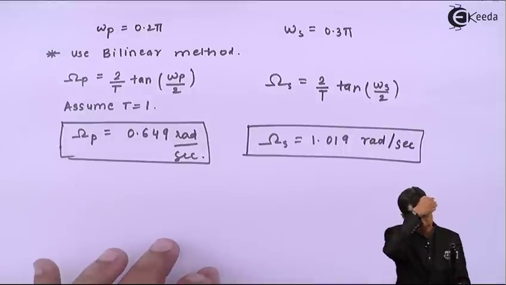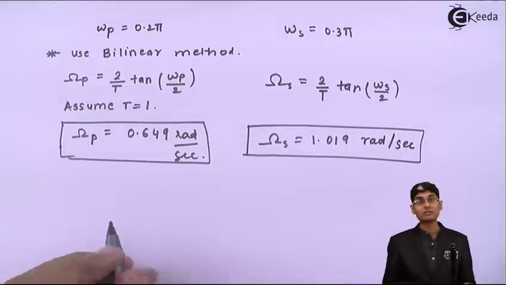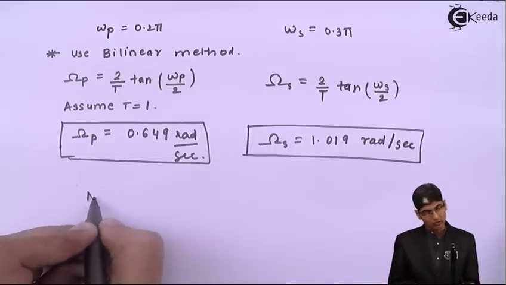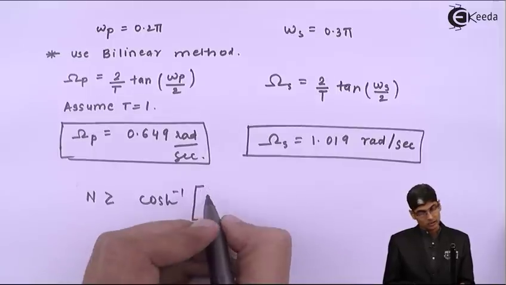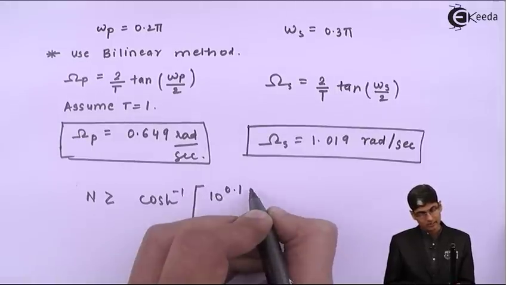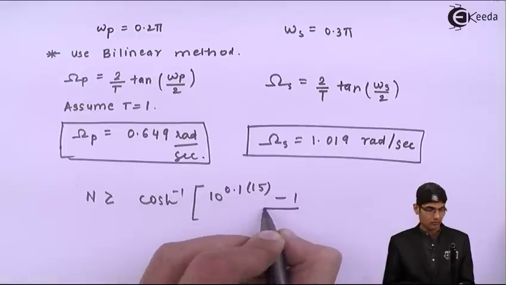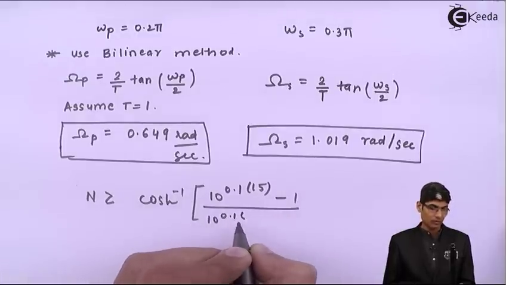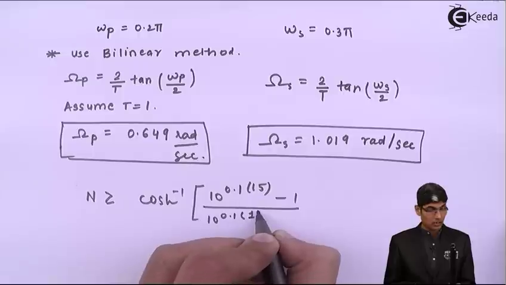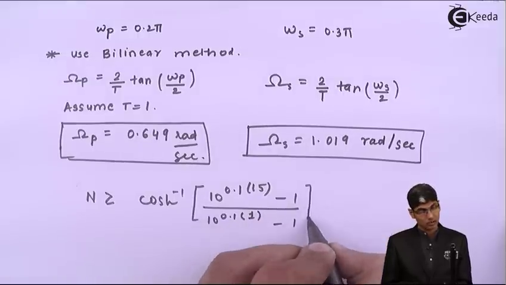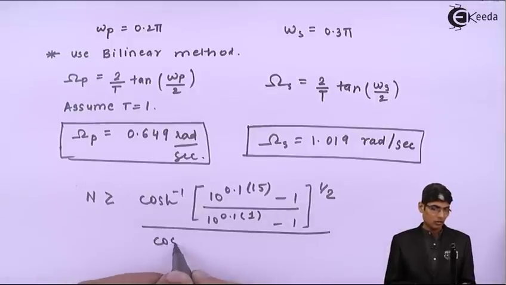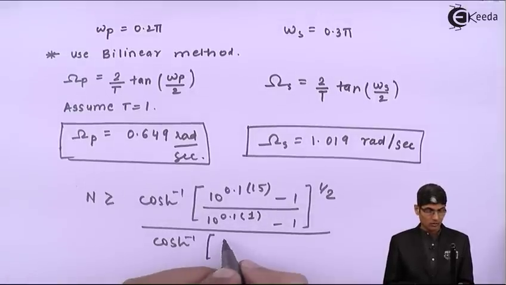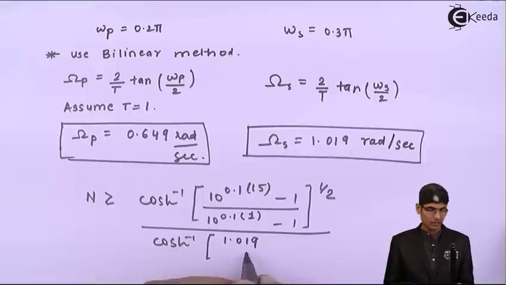These factors, once substituted in the formula, will give me back the order of the filter. So now the order of the filter n is greater than or equal to cos inverse of 10 raised to 0.1 times AS given as 15, minus 1, divided by 10 raised to 0.1 times AP given as 1 dB, minus 1, the whole raised to 1 by 2, divided by cos inverse of 1.019 divided by 0.649.